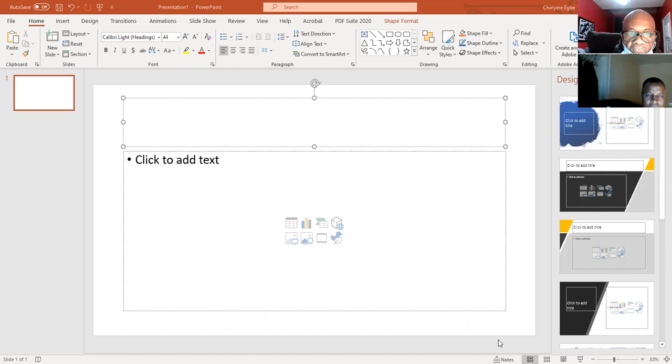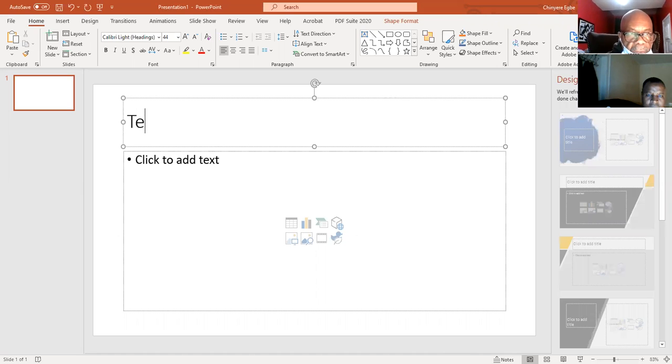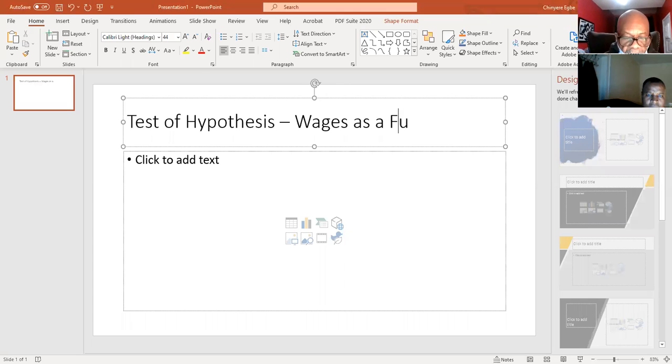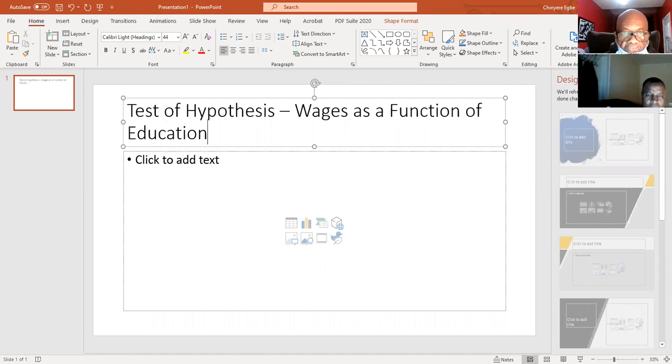I'm going to begin with a simple problem. This is a test of hypothesis: wages as a function of education.